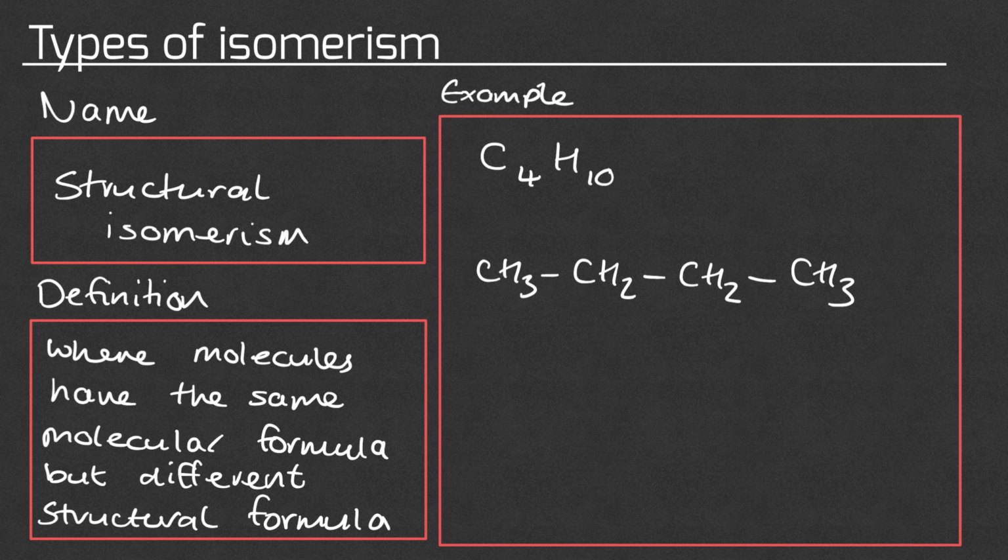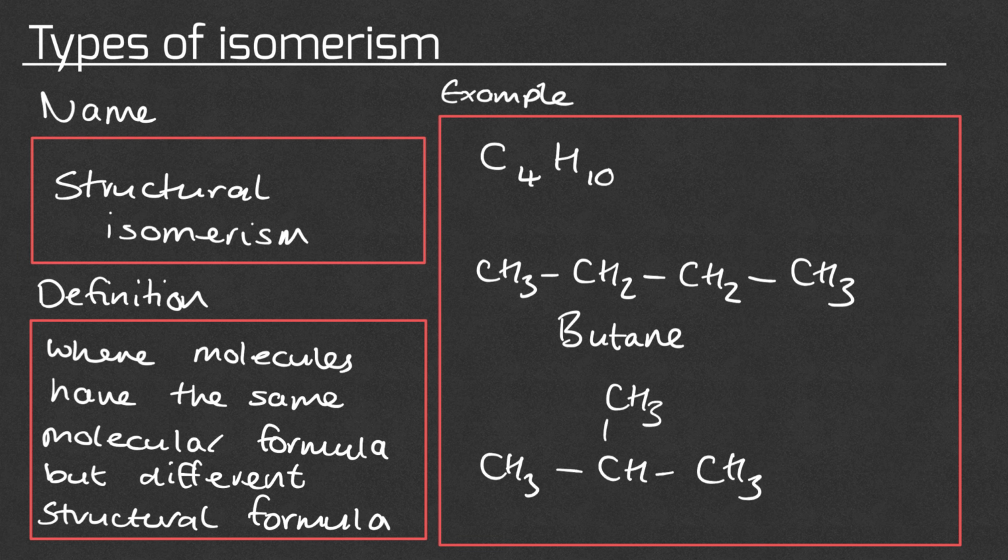So C4H10 could be this molecule here with 4 carbons in a straight chain, which is obviously butane. But C4H10 could also make this molecule here with 3 carbons in a straight chain and 1 carbon, a methyl group, coming off.